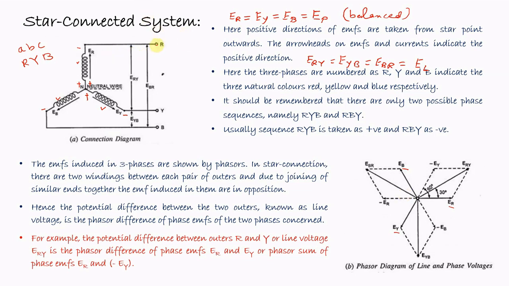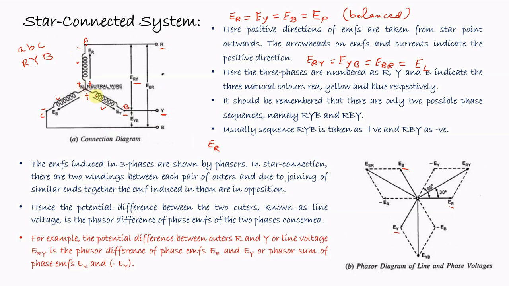So this is the R phase, this is outer R, and this is the outer Y. And we have to calculate the potential difference between R and Y. This is considered as ERY. So if we start from the R phase, we go up to this point, let's say point A, then point B and point C. So from A, we are going to the neutral terminal. And when we are going to the neutral terminal, we are going from the negative to the positive side. So here the value will be taken as positive ER.